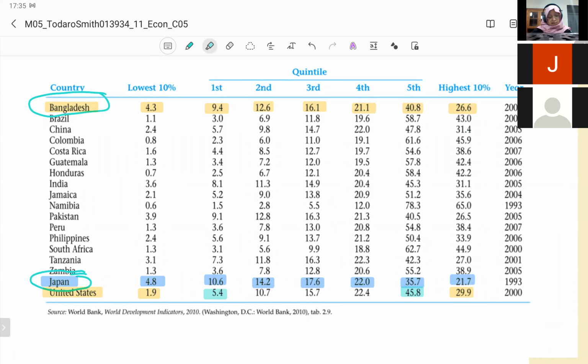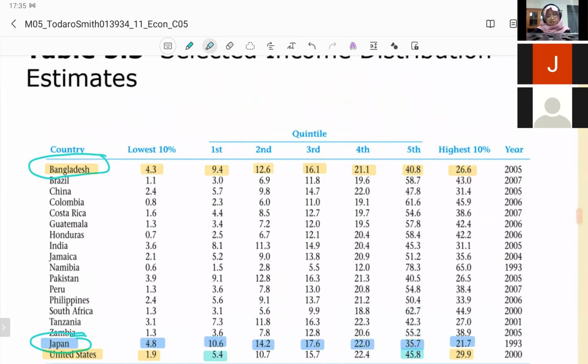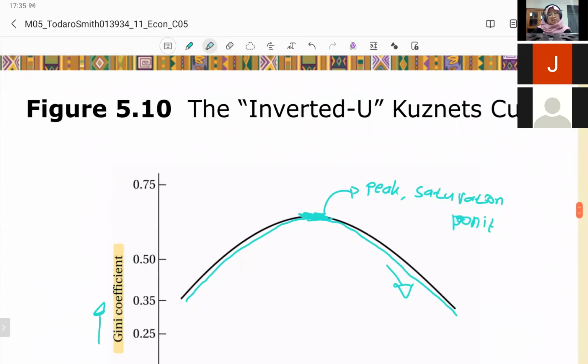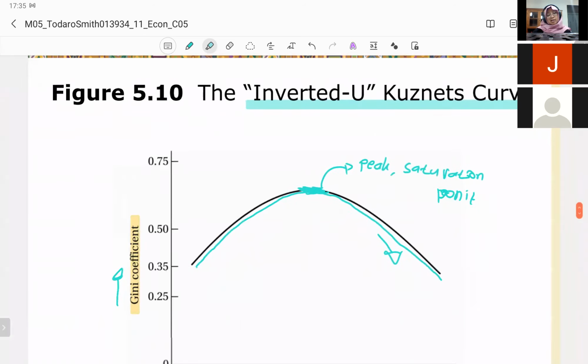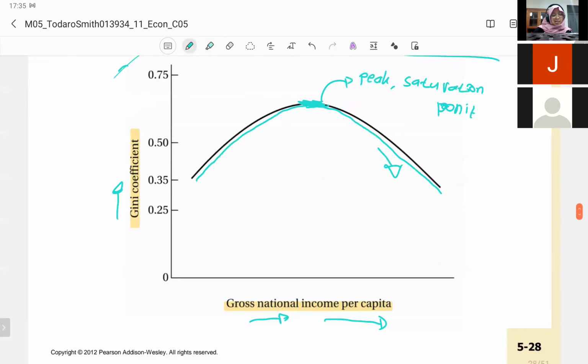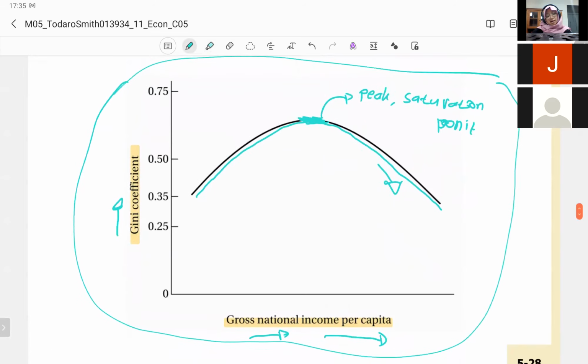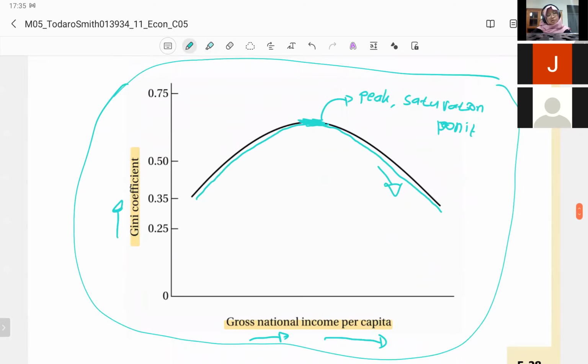So maybe we can argue that the inverted U Kuznets might happen in Japan, but not in the US. So this inverted U Kuznets is case by case, right? We cannot say that it must be like this in general, because it is case by case. There are rich countries where, when their gross national income keeps growing, their inequality also keeps growing.